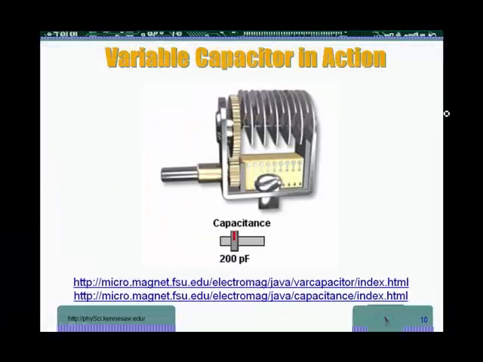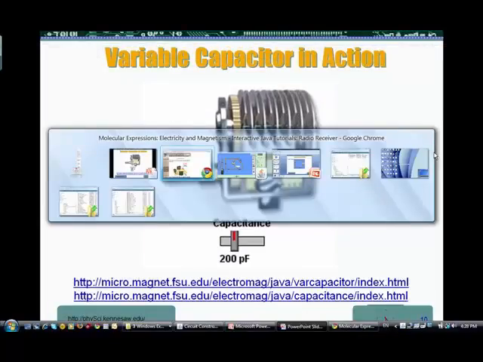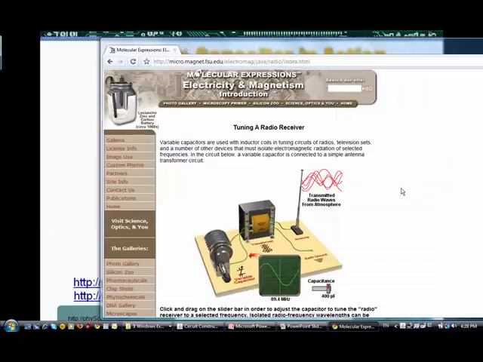Now, another application of variable capacitors is through this simulation. You see, this is actually a variable capacitor like the other one we played with a second ago. Now, what we have here is a circuit very similar to circuits that you have on your transistor radios or TV receivers.